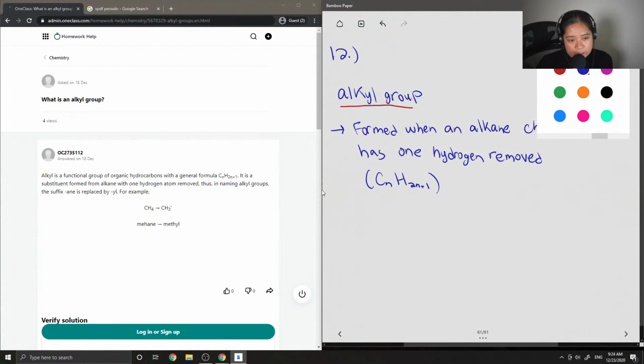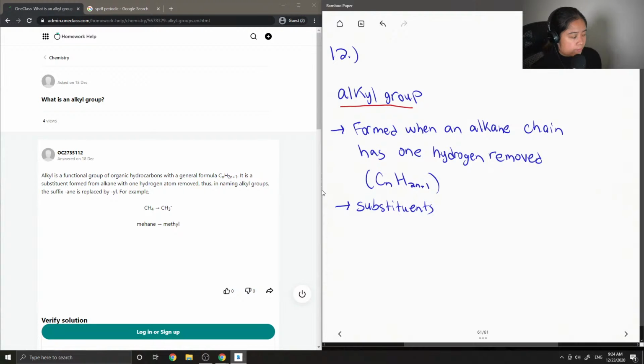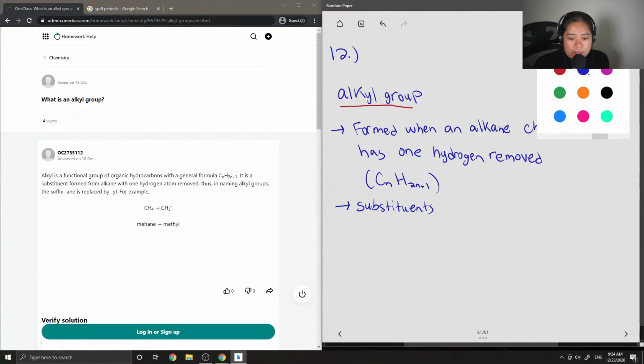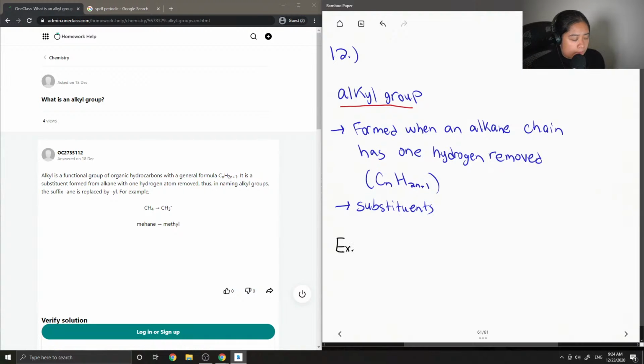So you can find alkyl groups as substituents. And I'll just show a quick example. So let's say you had CH4, which is methane.